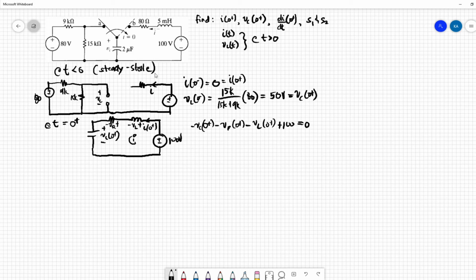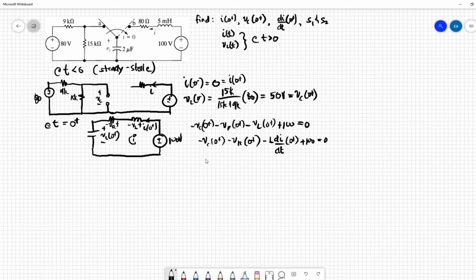Now finding di dt of 0 plus, we can express the voltage across the inductor as L di dt of 0 plus. We have VC of 0 plus minus VR of 0 plus minus L di dt of 0 plus minus 100.